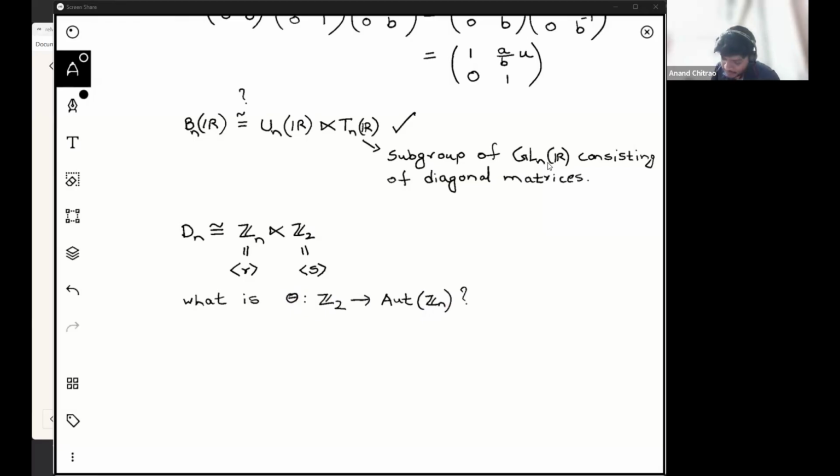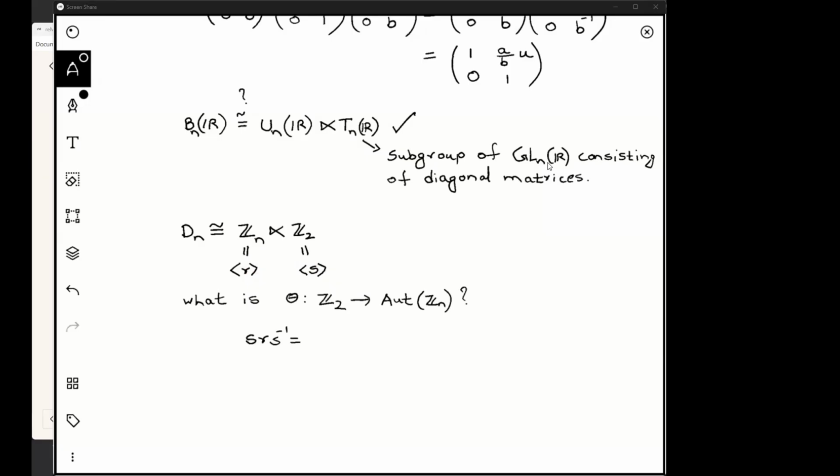So all that you have to compute is how S acts on R by conjugation. What is S R S inverse? R inverse.